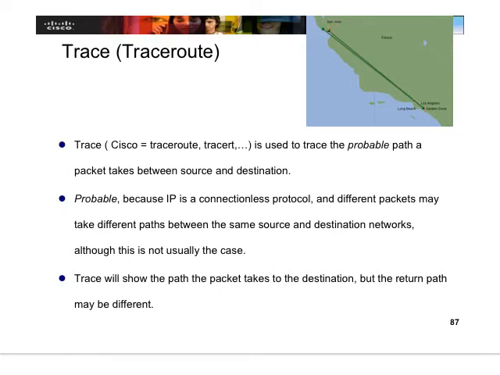It gives you the probable route, because we said that this probable route might change from one time to another, and even the return from the final destination may take a different route.